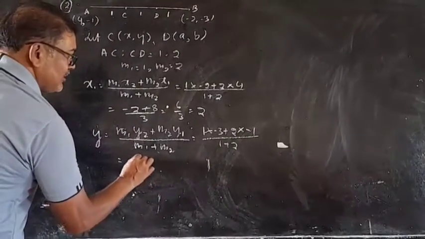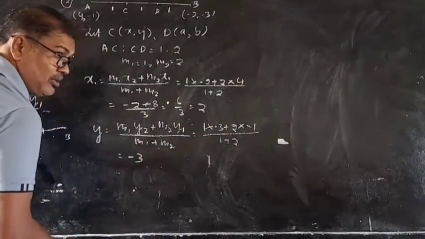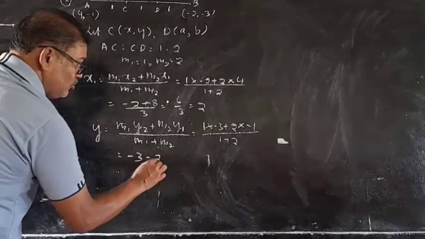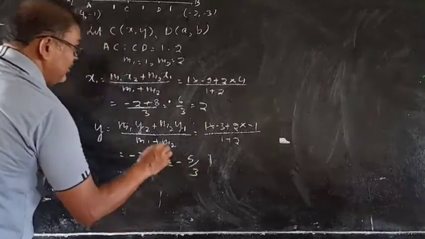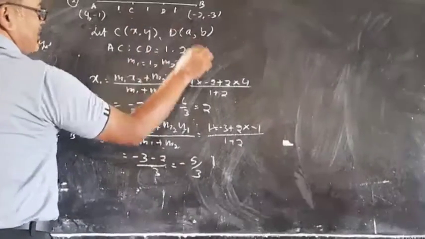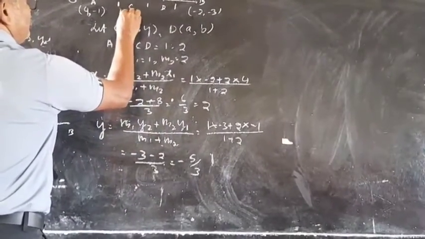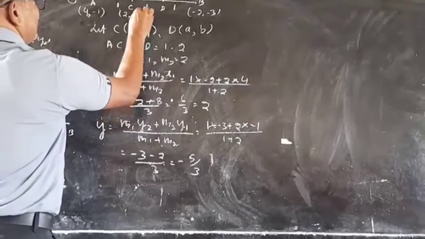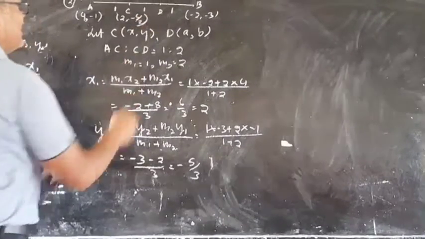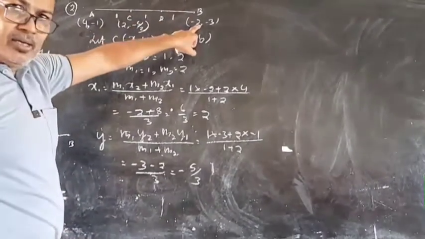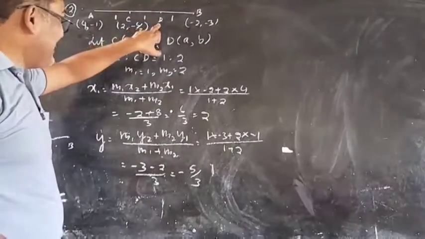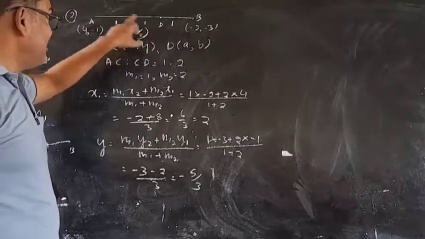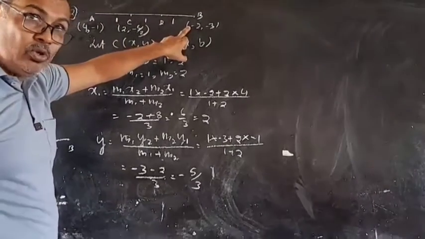This is equal to -3 plus 2 into -1, that is -2, upon 3, that is equal to -5 upon 3. What is the coordinate of C? 2 and -5 upon 3.